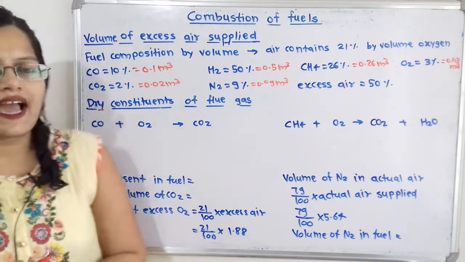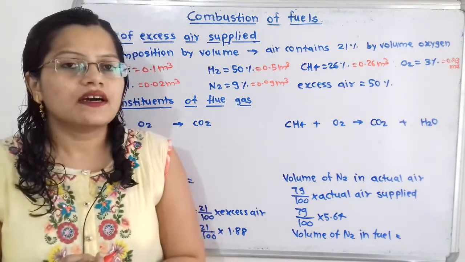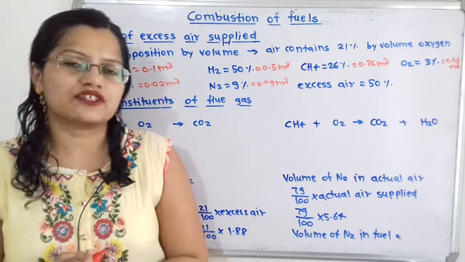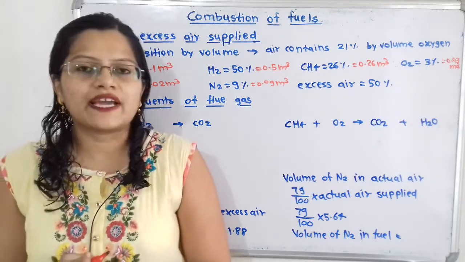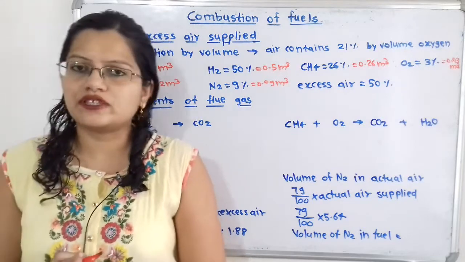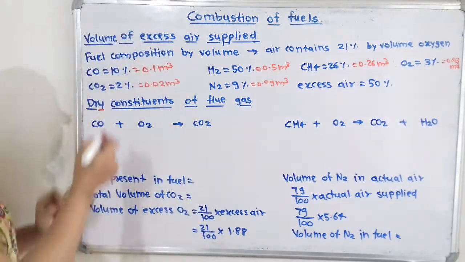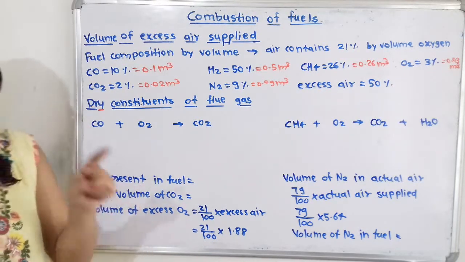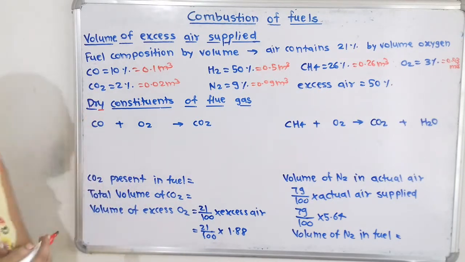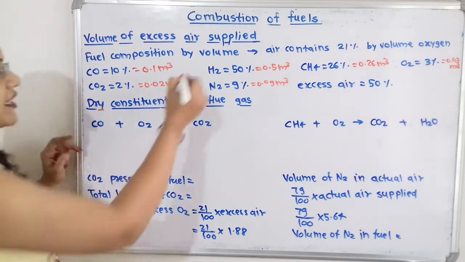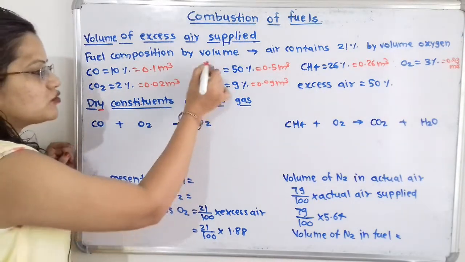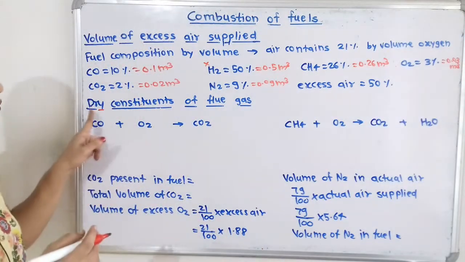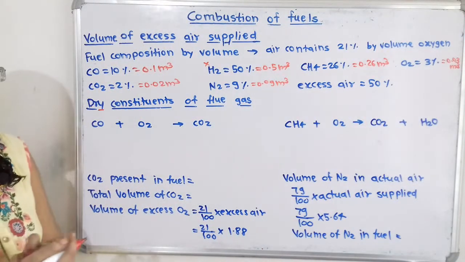That means we should not take the amount for the moisture, or water, H2O. We have to take only the dry constituents. Now here when CO, that is carbon monoxide, combines with oxygen, carbon dioxide is formed. Then we will not take H2, because when H2 combines with oxygen, H2O, that is water, is formed, but we have to find out the dry constituents.